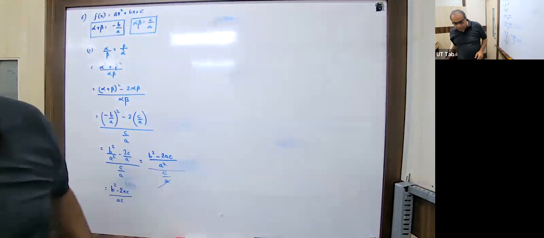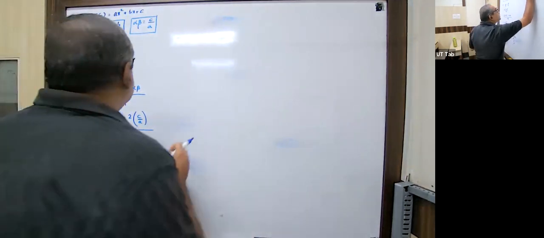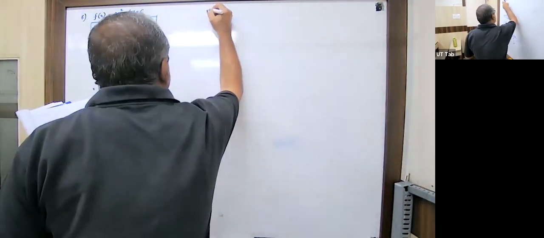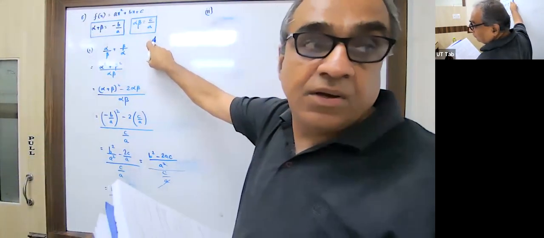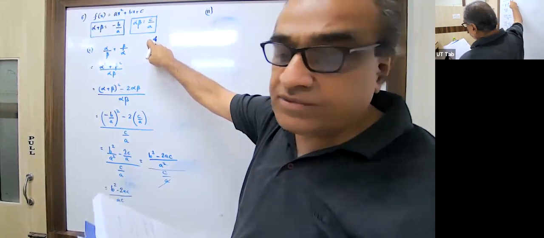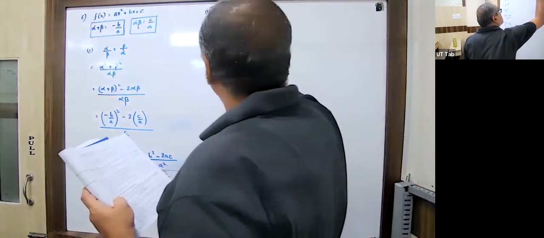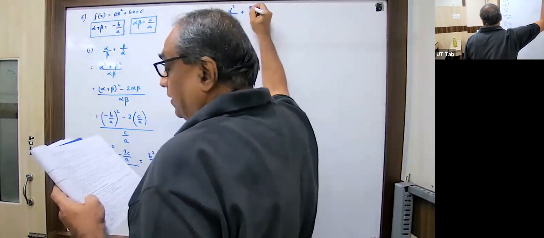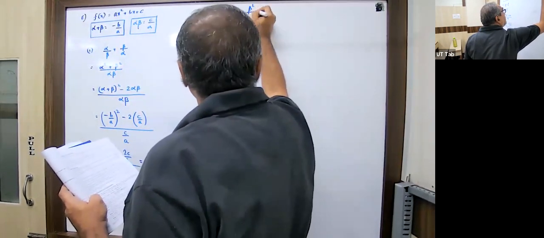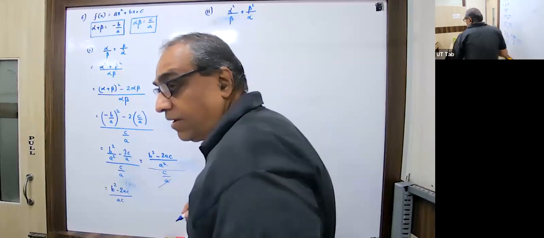Similarly, now, the second sub question of this question. This will hold good for the entire sum. Whatever I want to find out, it will hold good for the entire sum. Now my next question is alpha squared by beta plus beta squared by alpha.